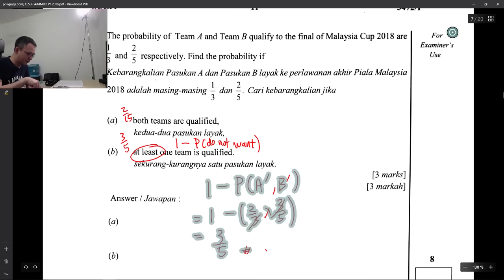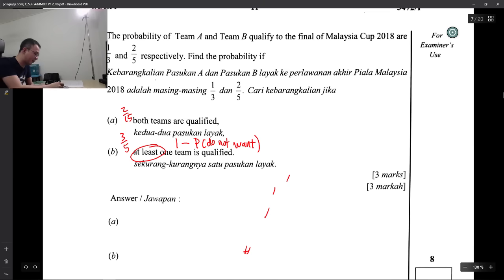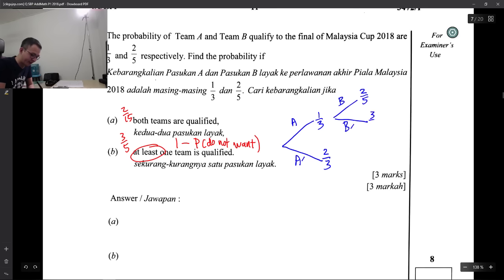Alright, so if I use a tree diagram over here, what I will do is, okay, this one is for team A. Team A qualified, team A not qualified. So it will be 1/3 and 2/3. Then this one is for team B. So team B qualified, team B not qualified will be 2/5 and 3/5.